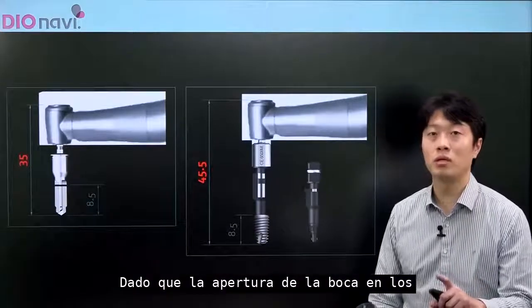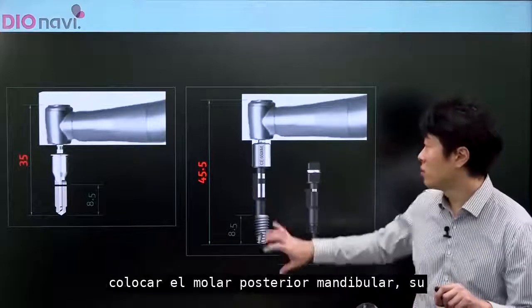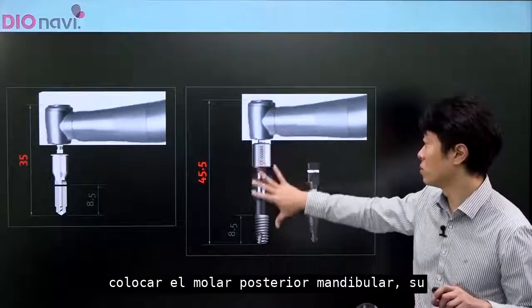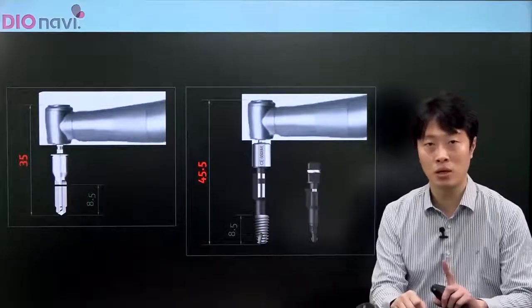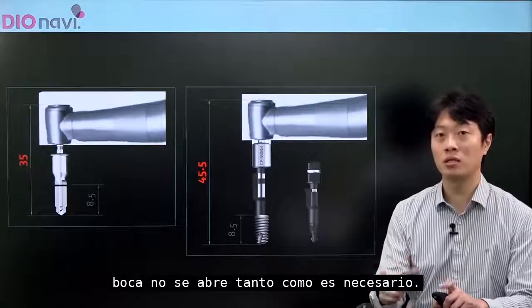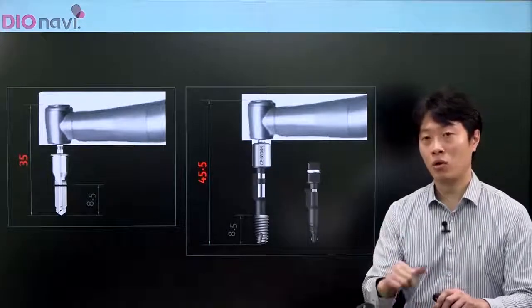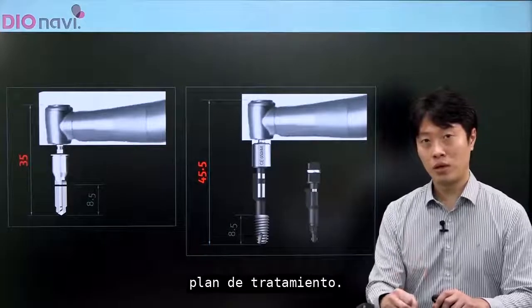Since the mouth opening in adults is usually about 40 millimeters, when placing the mandibular posterior molar, its length may present a challenge. Things can be more difficult if the mouth does not open as much as needed. So make sure to check for opening limitations when establishing a treatment plan.